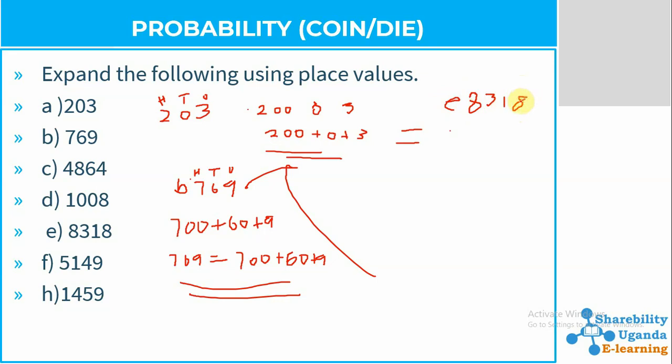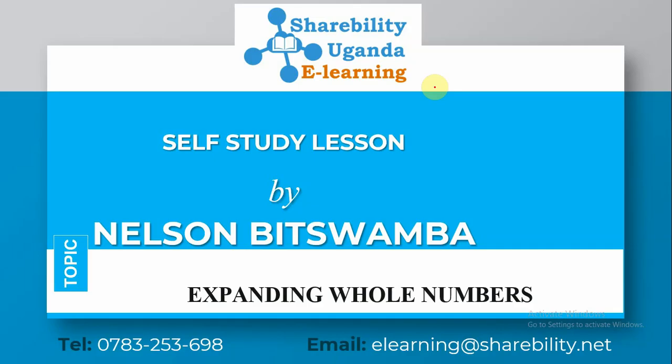So in this number, this is in ones, this is in tens, 100, then this is going to be 1,000, okay, then this is going to be 10,000, okay.